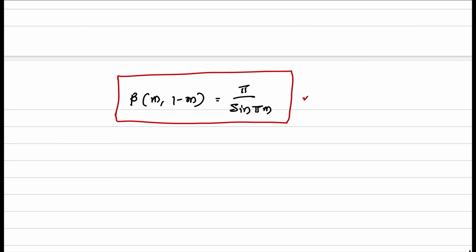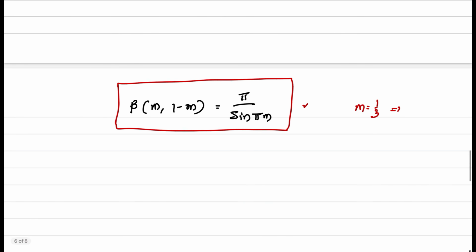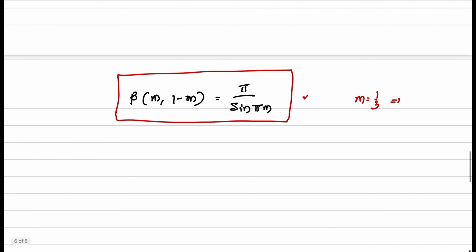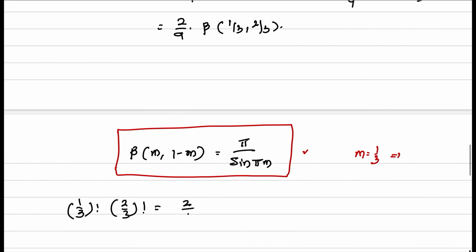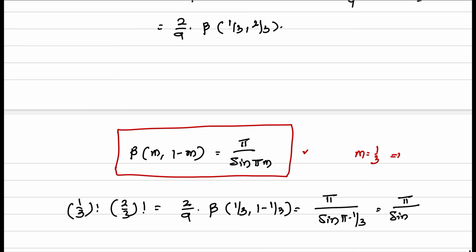Now here m is equal to 1 by 3 in the given problem. If m is equal to 1 by 3, then 1 by 3 factorial into 2 by 3 factorial is equal to 2 by 9 into beta 1 by 3, 1 minus 1 by 3, which is equal to pi by sin pi into 1 by 3, that is pi divided by sin pi by 3.